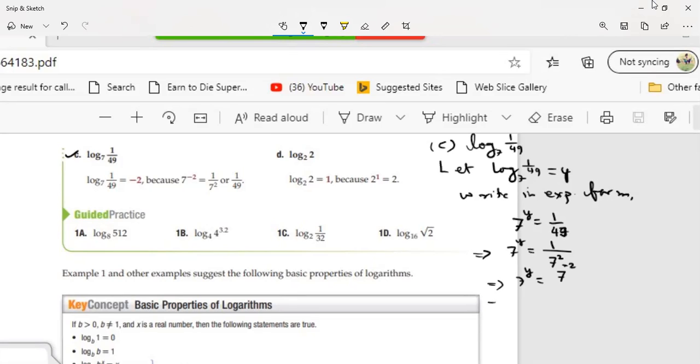So now bases are the same. By the law of equality of exponents, y is equal to minus 2. So therefore, the value of log 1 by 49 to the base 7 is equal to minus 2.